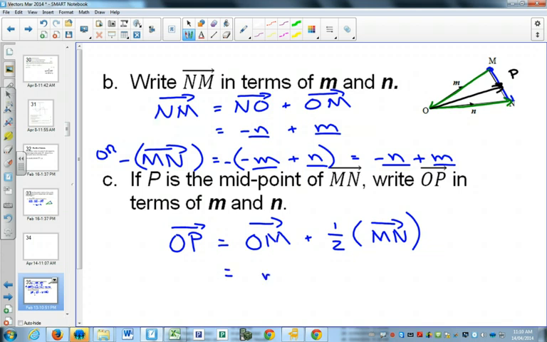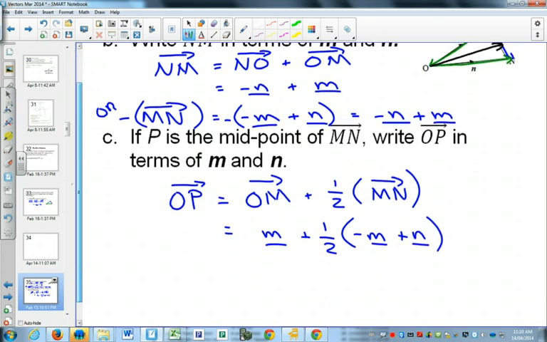We know that OM is m, and we figured out what MN was before, which was minus m plus n. And combining your like terms, you've got half of m plus half of n.